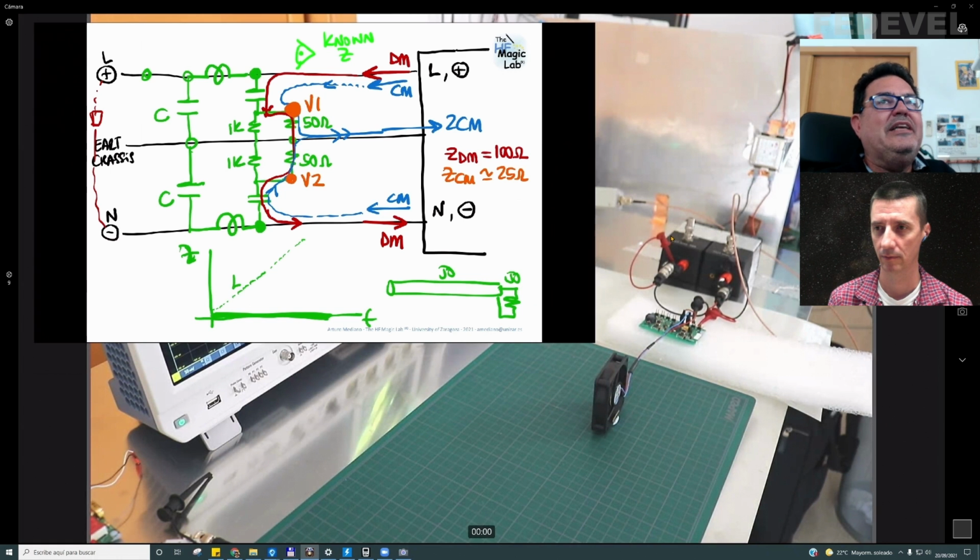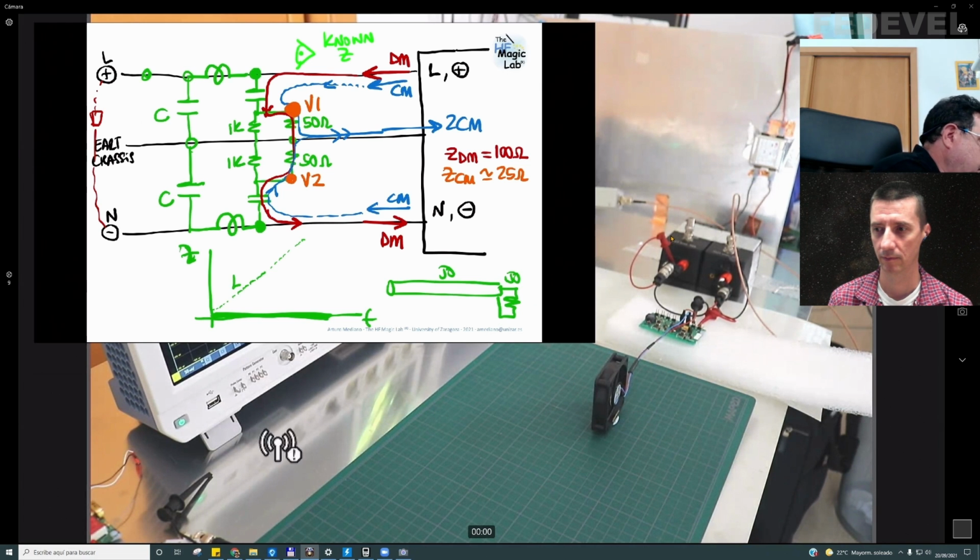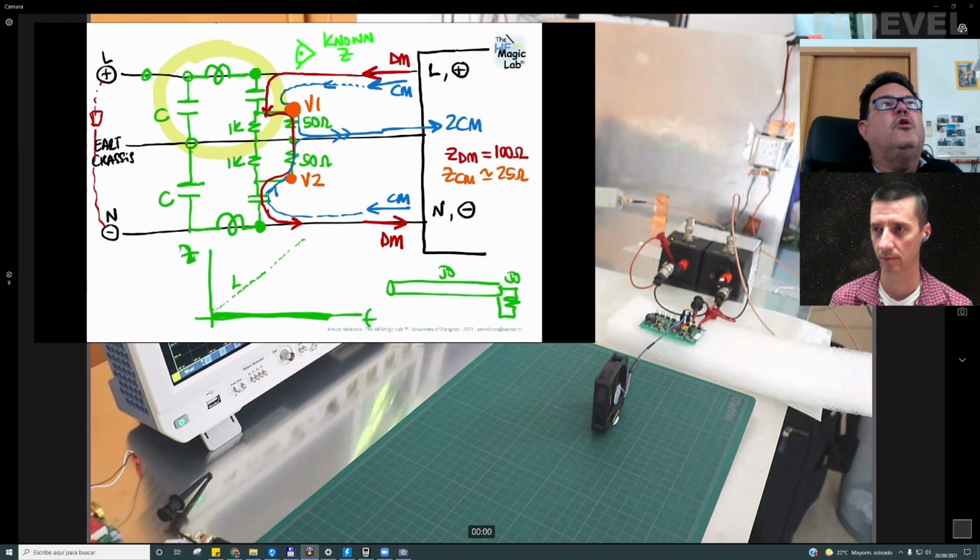So what is inside of the typical commercial line impedance stabilization network? You have different possibilities. For example, let me take this drawing in yellow color. This can be in a box. So if you want to do measurements, you need to buy two of these line impedance stabilization networks, or you need to measure in one and change the cables to the other line when you want to measure the other line.